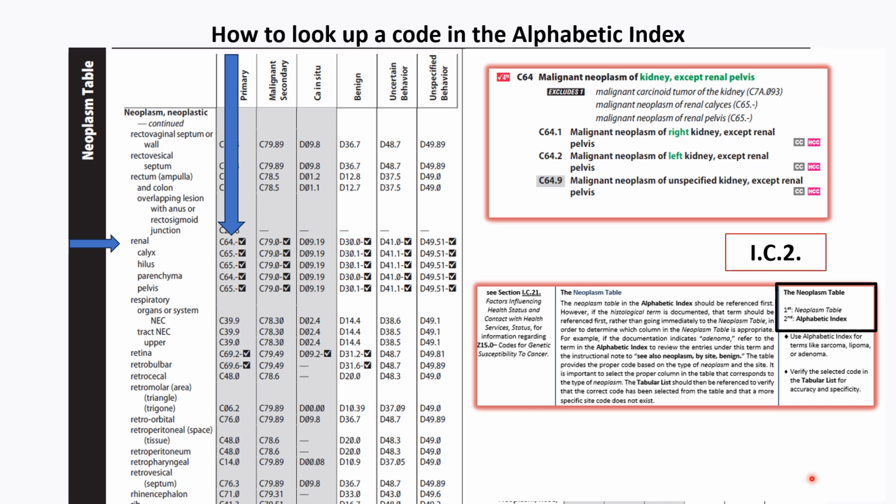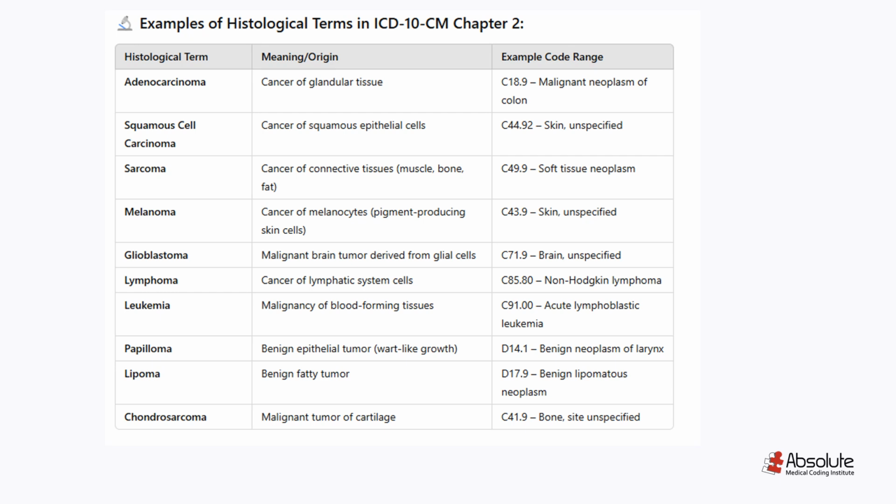Now, I said that if it's a histological term, you won't look it up in the alphabetic index's neoplasm table. No, you would go directly to the alphabetic index. But first, let's look at what a histological term is.